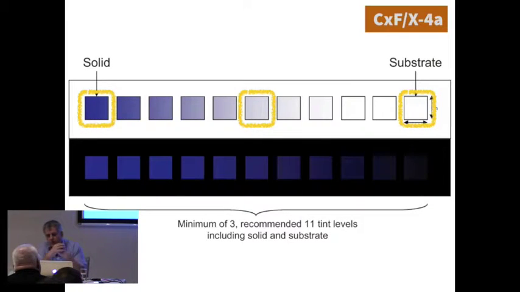There's a level that's slightly more powerful, and it's called CxF X4a. It requires that you have 3 measurements. Again, 100% full spot ink, just the substrate or paper, and then an intermediate tone value. So you have 3 measurements.